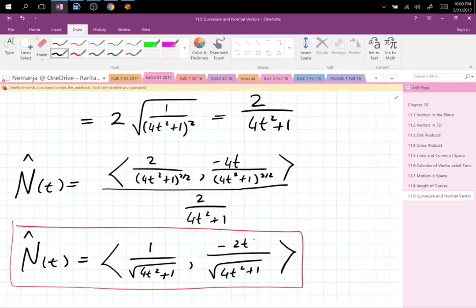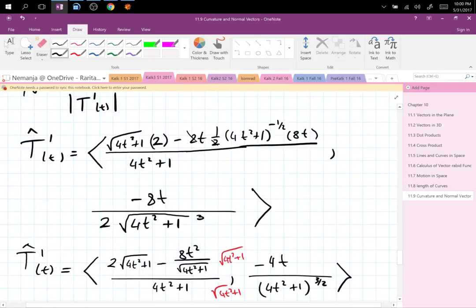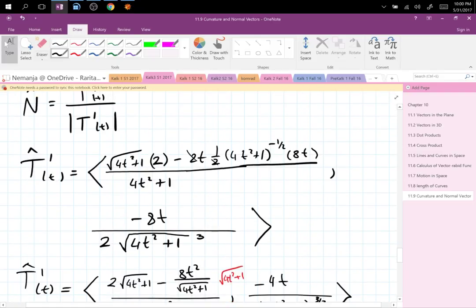So we got this wonderful normal vector at one point in life. See that? You know, things in life get better. You just keep pushing, keep pounding, and life eventually gets better.